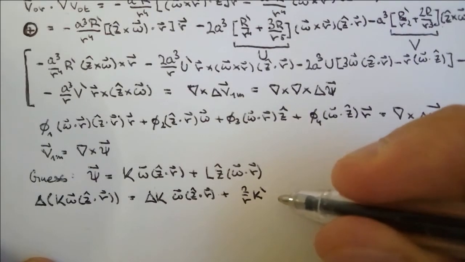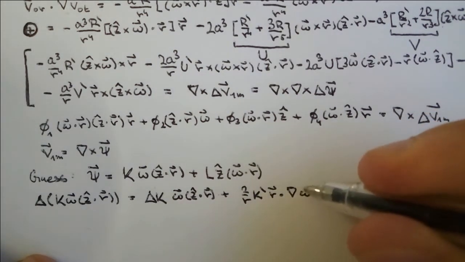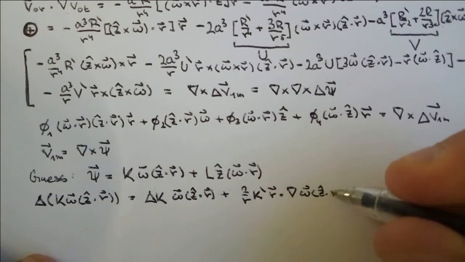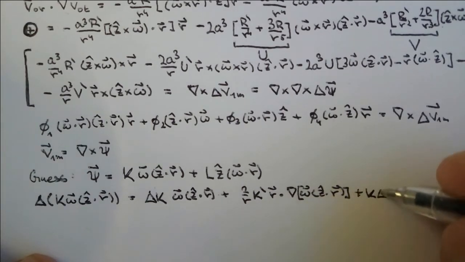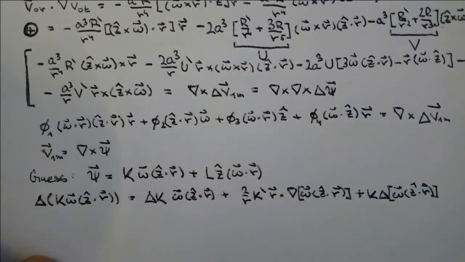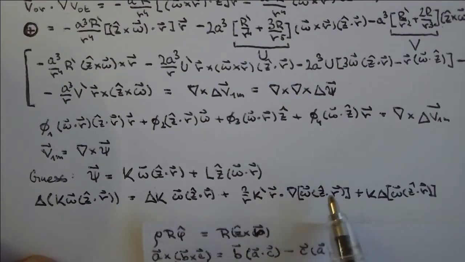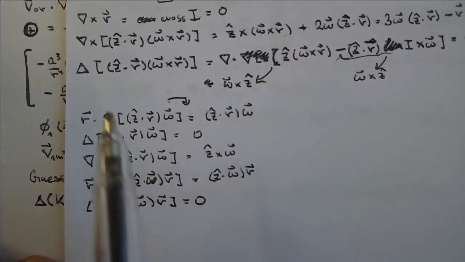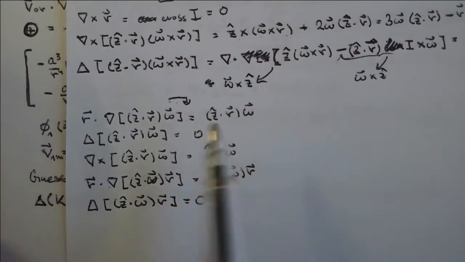So it's the position vector r times gradient of omega z dot r plus k Laplacian of omega z dot r, and these two terms are in our table, so we can use the table and see that this term is here, so it's just the same term as before, and Laplacian is 0.